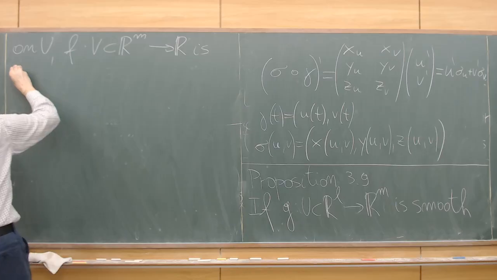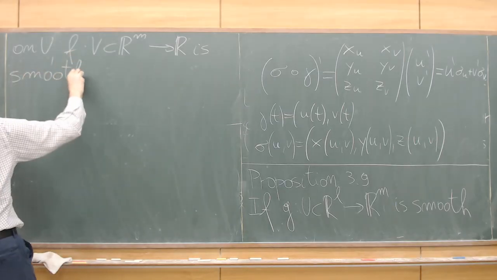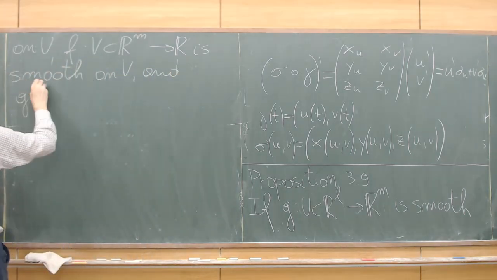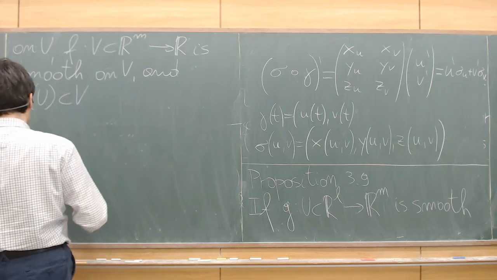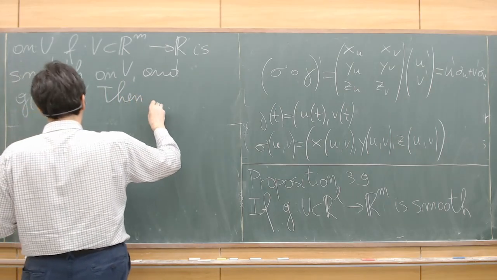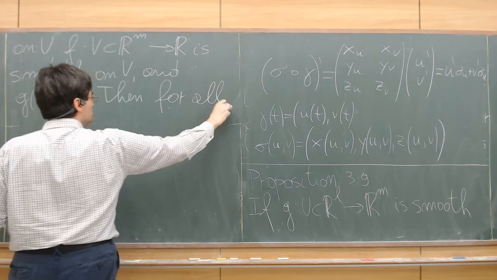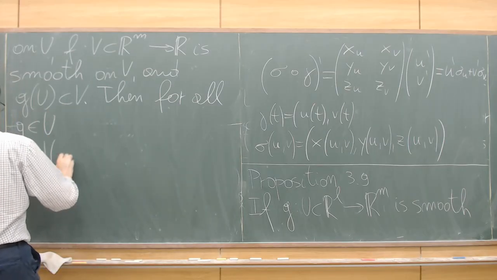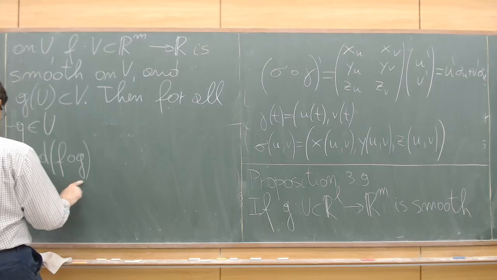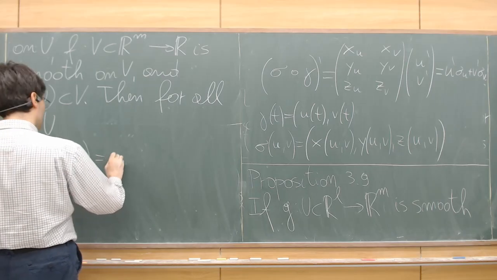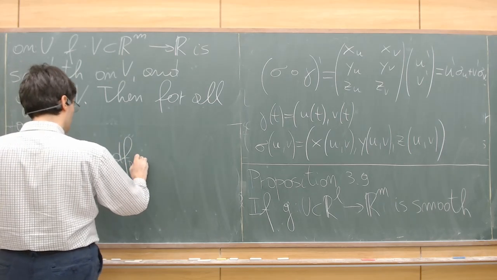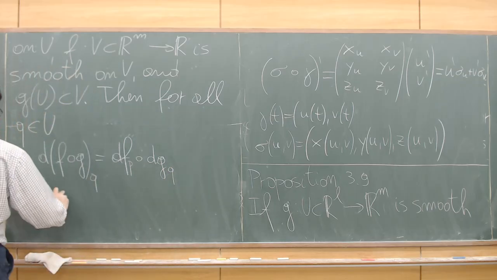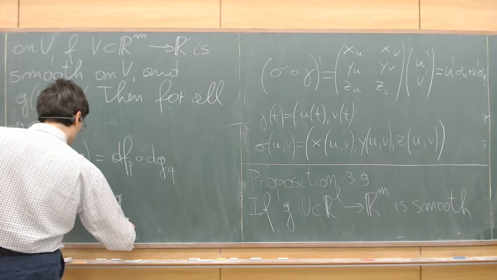Also this function must be smooth on V, and G(U) contained in V. Then for all Q in U, we have that d(F composed with G) at Q is equal to dF_P composed with dG_Q, where P is equal to G(Q).